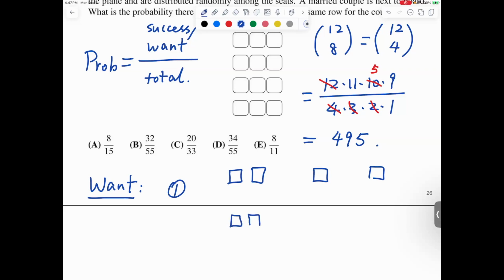We have two seats in one row next to each other, and the other two seats appear in two different rows. Or we have two seats in a row next to each other, and the two disconnected seats appear in the same row, but one is on the left, one is on the right, not in the middle. So they are not next to each other.